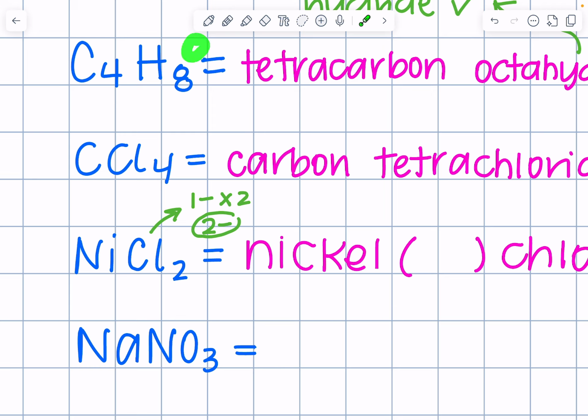Nowhere on any of these do we see charges indicated. So that means that our charges add up to 0. Right? So if it's 2-, that means my nickel has to be 2+, and that only goes to 1 nickel because I don't have a subscript. So that 1 nickel has to be 2+, which means we give it a Roman numeral 2 in the parentheses.